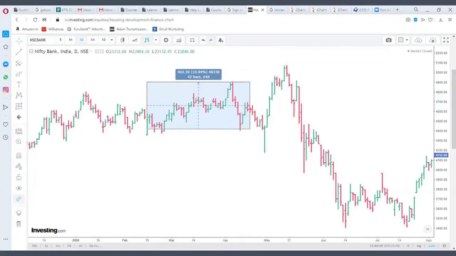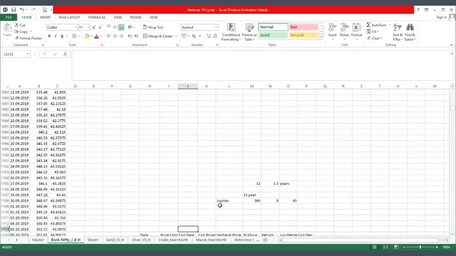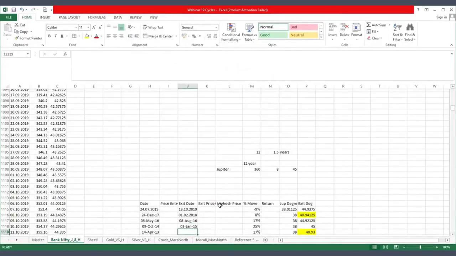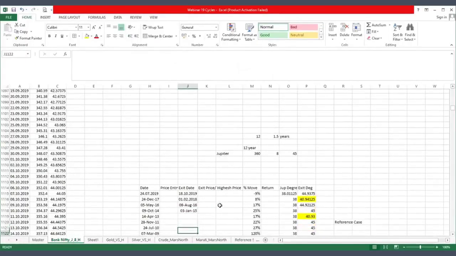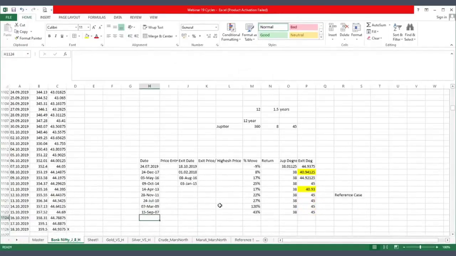Okay, let's go and feed this in Excel. So 15th of Feb was the date, I suppose. And we are seeing somewhere around 11% return. And the degree will change here.